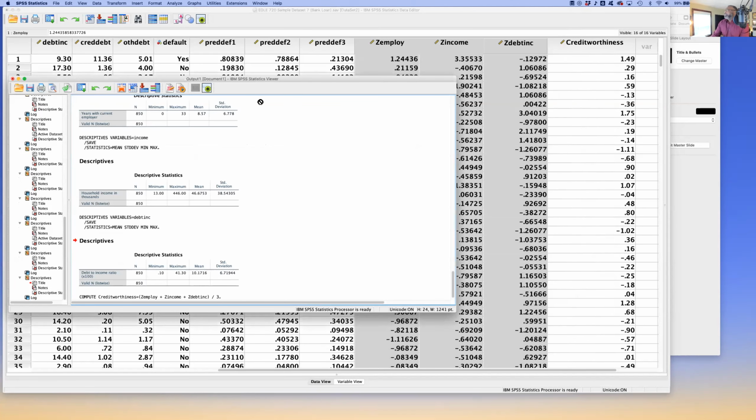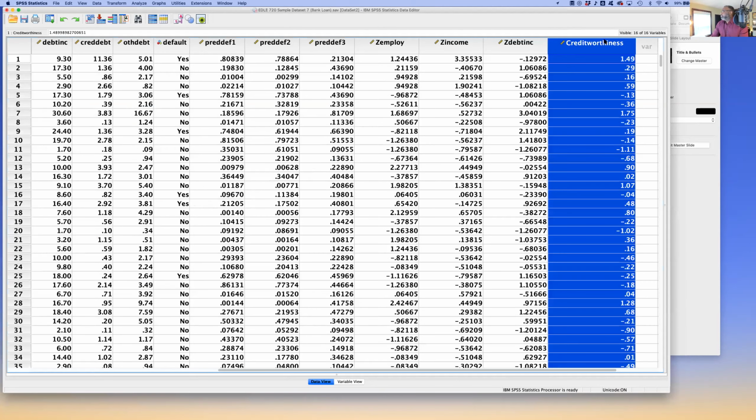Okay, so what you see here at the end is credit worthiness. And what I have done is I've combined years of employment, income, and debt to income ratio into one. Mine is saying something is wrong. Oh, no spaces, Tina. You have to do underscores.